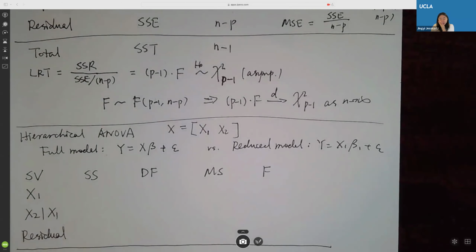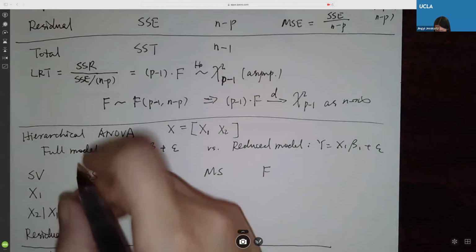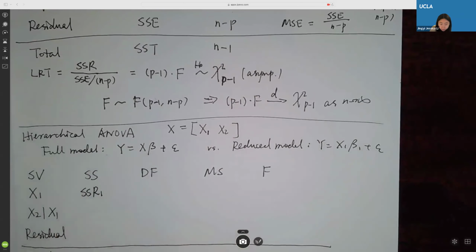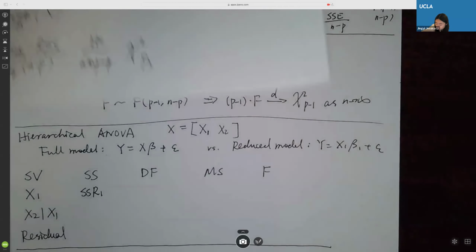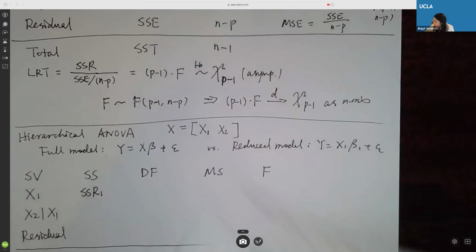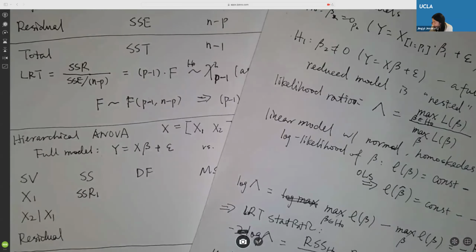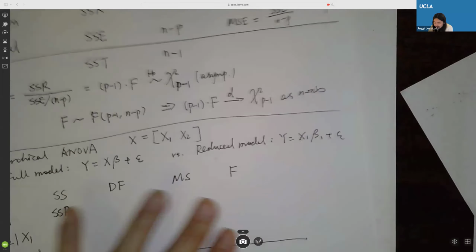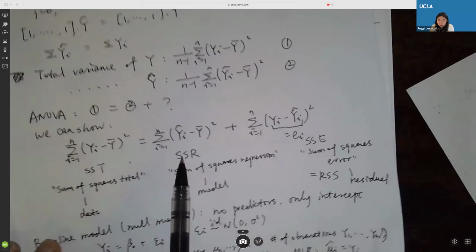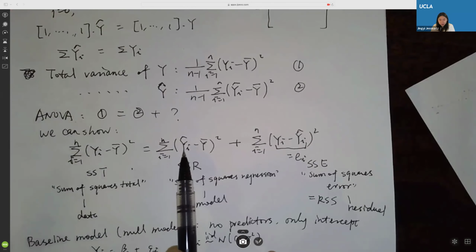All right, so when we just have X1 as the predictors only, our sum of squares would be called SSR1. This is based on SSR, going back here, which is what we compare between the fitted predicted values y hat and y bar.